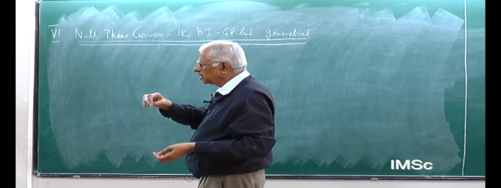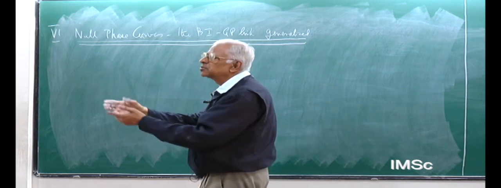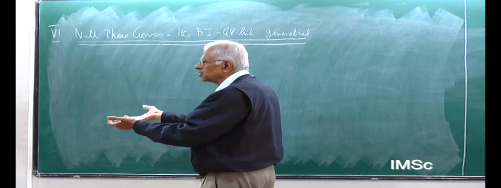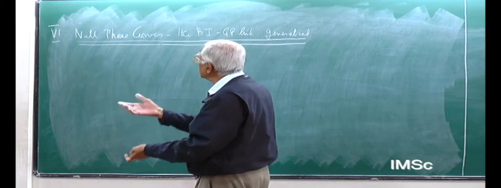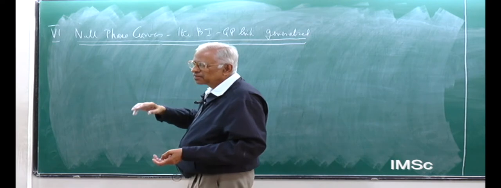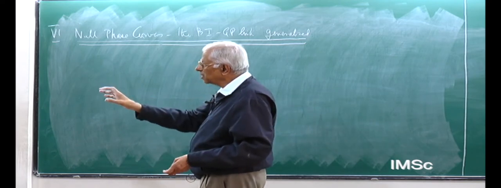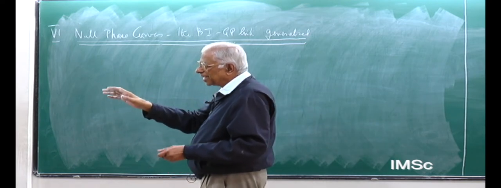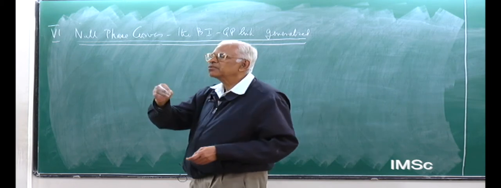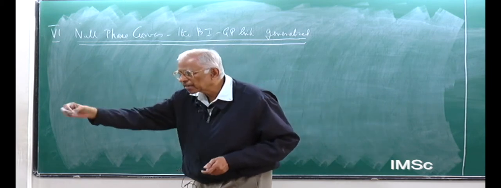In general, the geodesic from rho 1 to rho 2 is uniquely determined. Rho 2 to rho 3 unique, rho 3 to rho 1 unique. In contrast, given 2 points rho 1 and rho 2, in general there are uncountably many null phase curves you can use to connect them.